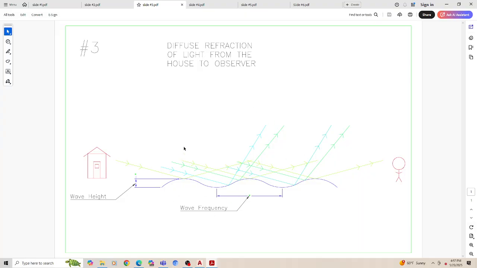This is one factor that would contribute to not seeing all of the house. What you'd have to consider at this point is that any wave between the house and the observer will have a height, and it will have a frequency. This will become important in future conversations, but it will contribute to what light will make it to the observer.